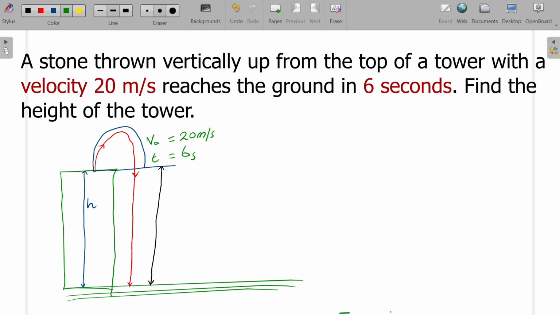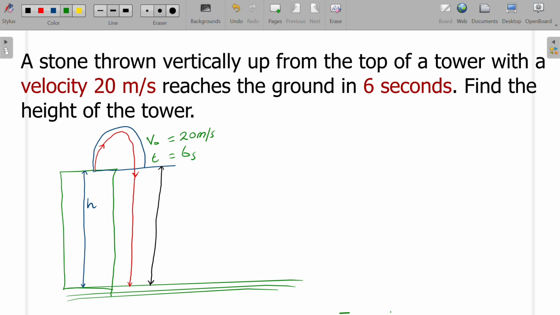So let's go ahead. The first step is to calculate the time it will take to move from this initial point to the highest point before it starts coming down. So let's find that time.